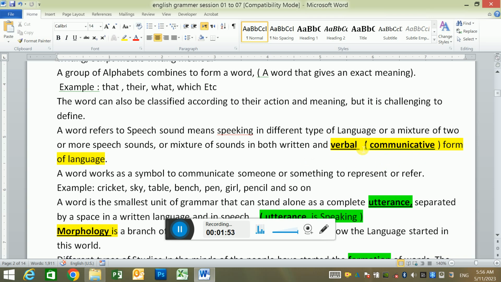Communicate means two persons talking together between themselves, which is known as communication. The word works as a symbol to communicate someone or something, to represent and refer to a single thing. Examples: cricket, sky, table, bench, pen, pencil, and so on.